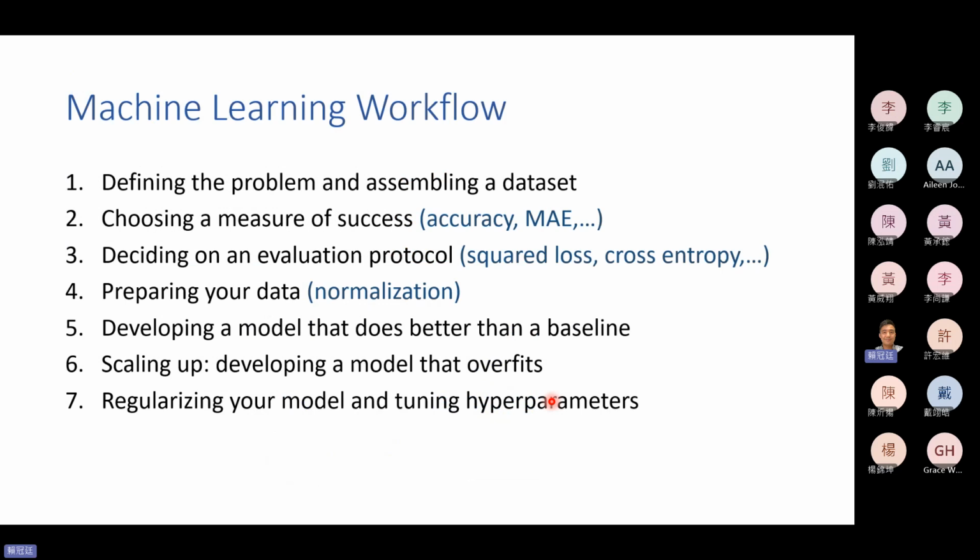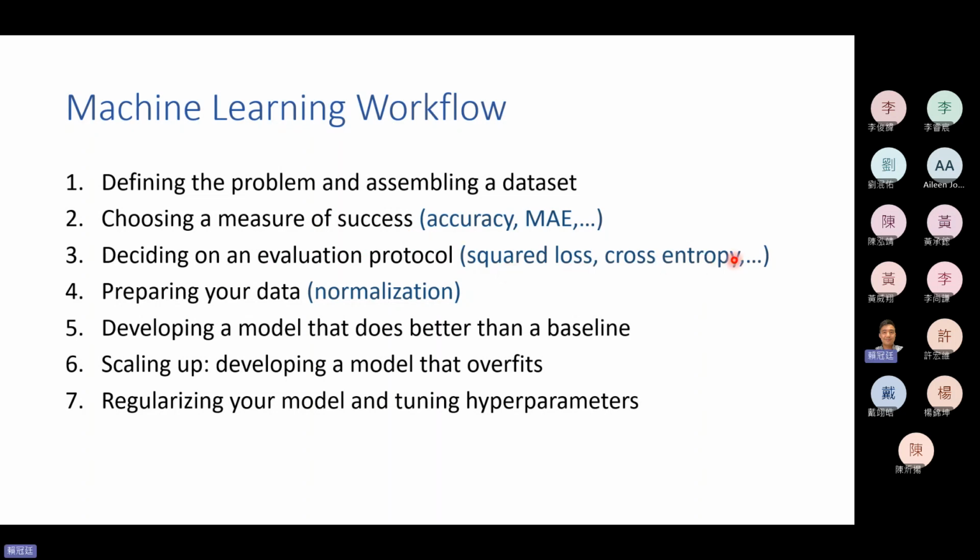So finally, let's review the machine learning workflow. First, define the problem and create a data set. The problem is continuous or discrete, classification or regression, and then choose the right measure of success metrics like accuracy, mean absolute error, and the evaluation protocol for the loss function, like cross entropy or square loss.